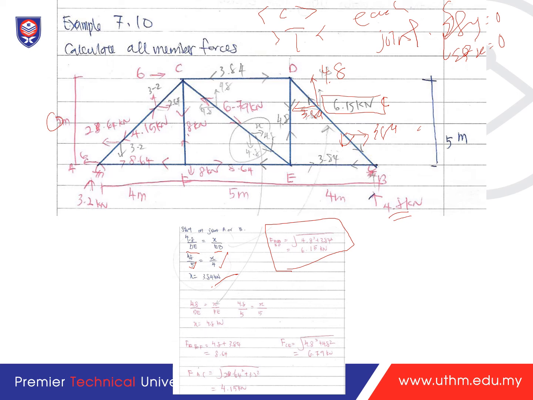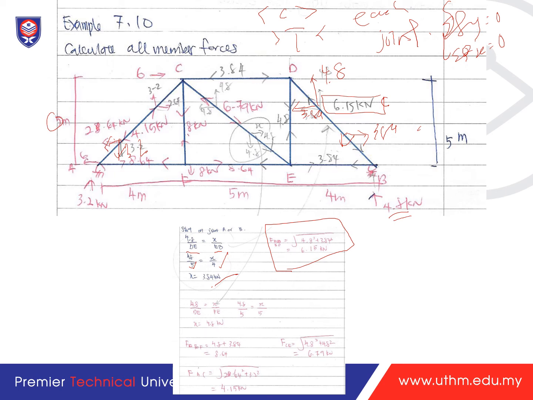So from point A, you can move to point A. At point A you can see that here you have 3.2 kilonewtons, and then you have another vertical component which is from FAC. So here you have a vertical component of 3.2. You have it here, so automatically you can find the component of this.